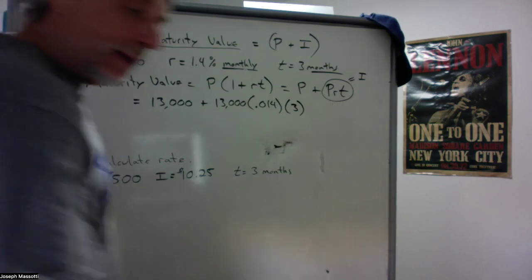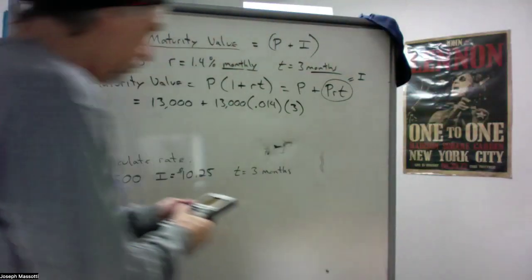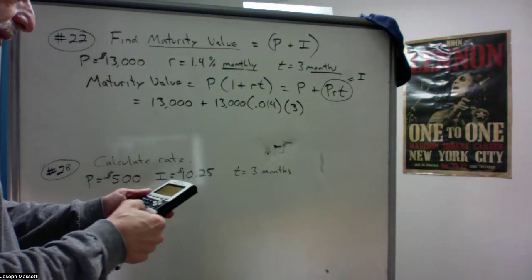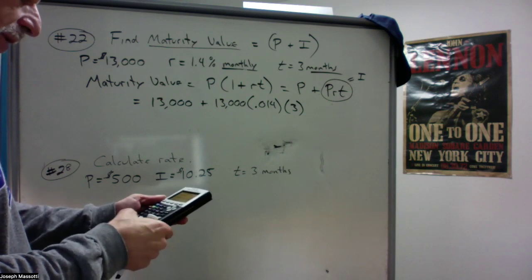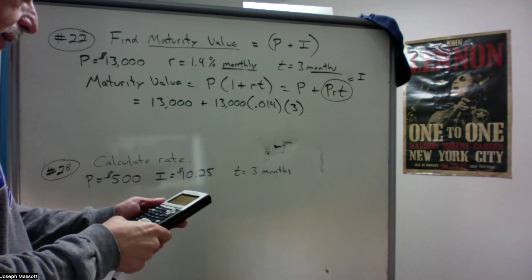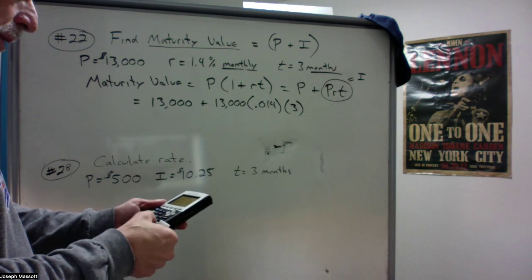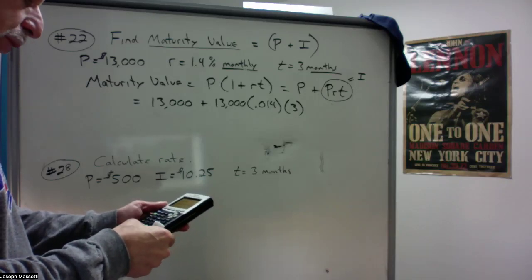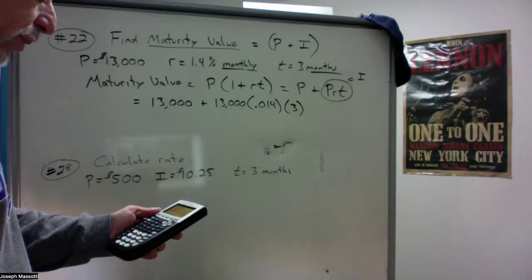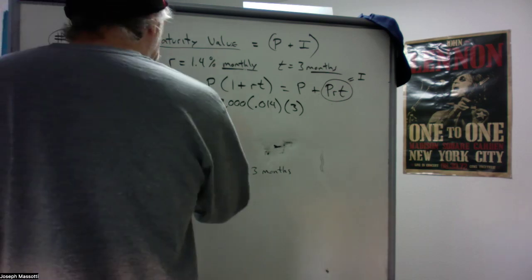Right? So now we calculate that number, and we're going to get 13,000 plus 13,000 times 0.014 times 3, and we come up with $13,546.